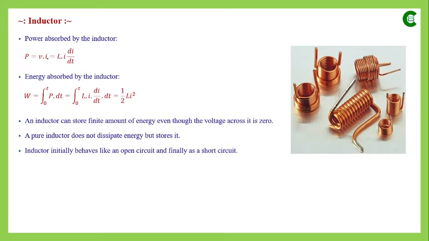Here the small v and small i represent the instantaneous value of voltage and current respectively. Instantaneous value of voltage means the value of voltage at a particular instant, because here the voltage and current are changing in nature. With respect to time, it always changes.